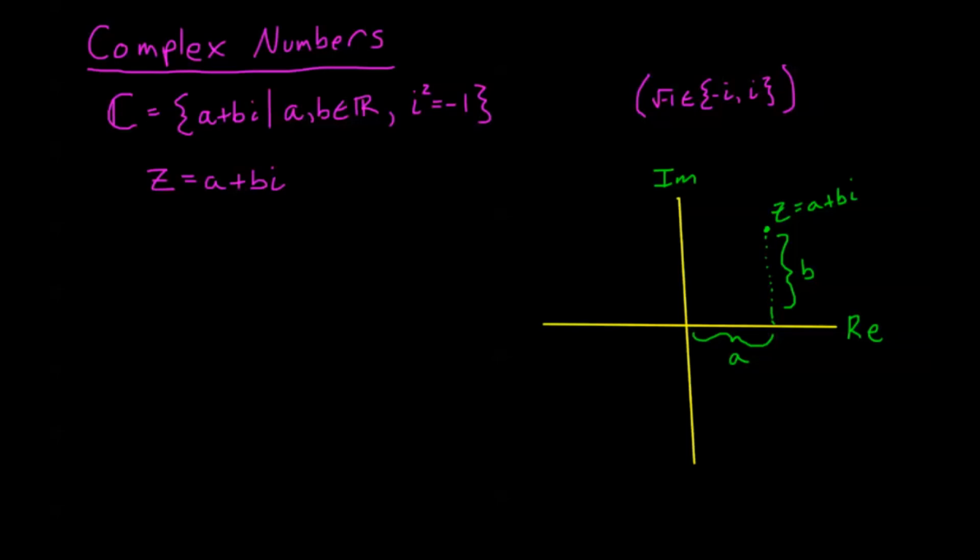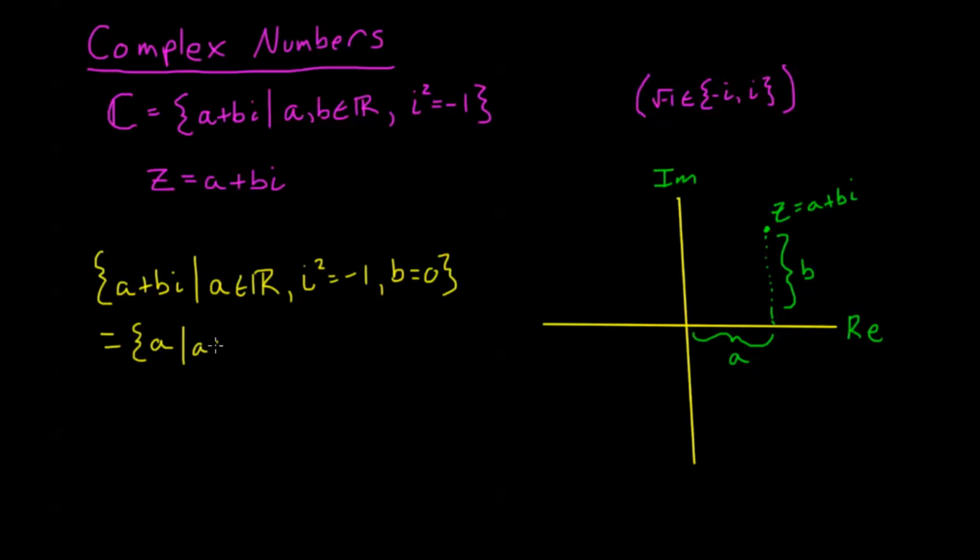But let's make note of something else. Notice that if I write the set of complex numbers a plus bi, where a is a real number, i squared equals -1, and b equals 0. Well, that set is the exact same as the set of a, right? b is 0, so there's actually nothing here. a such that a is a real number.